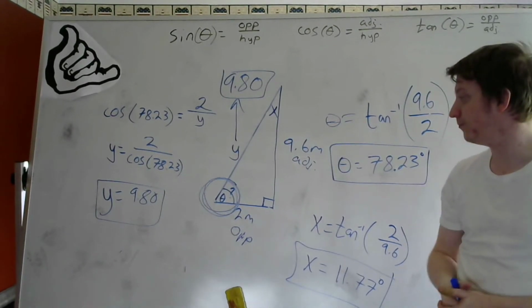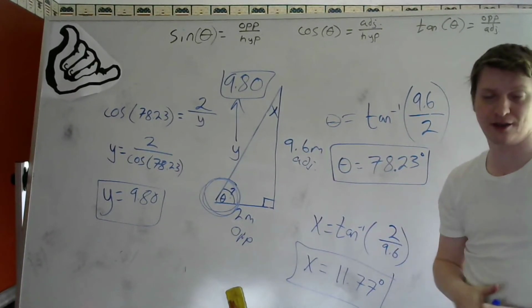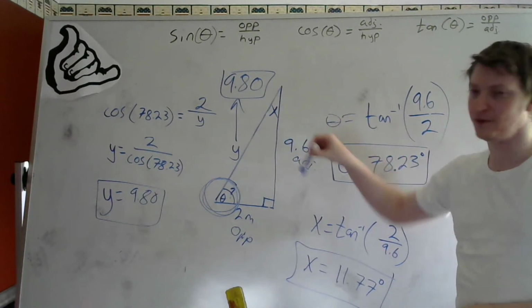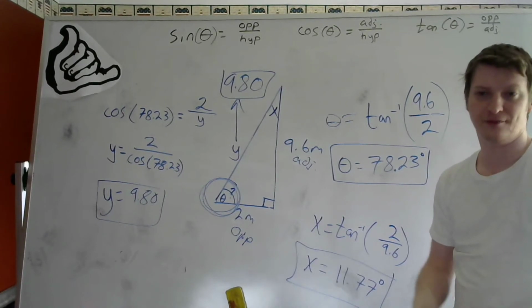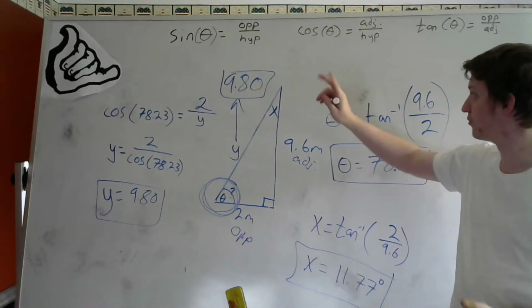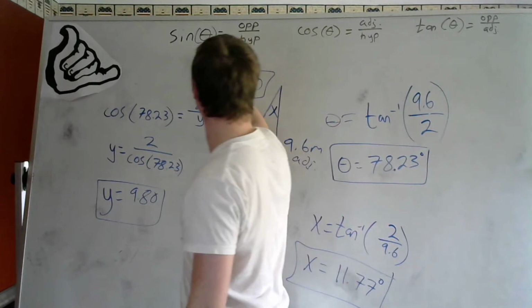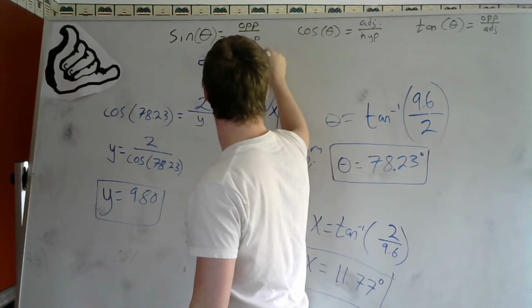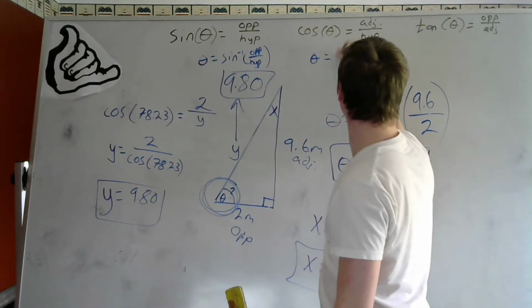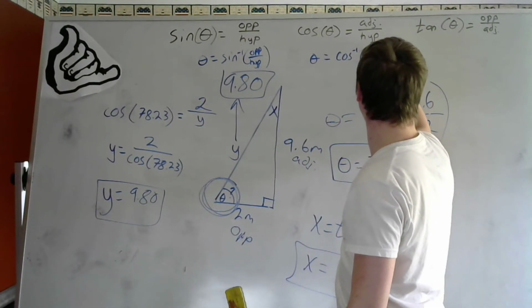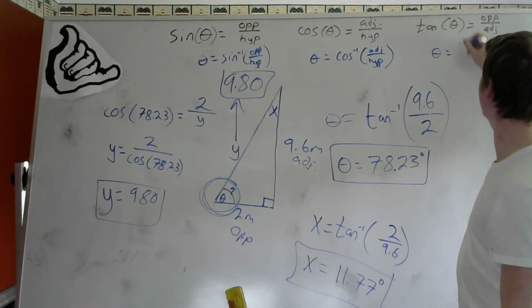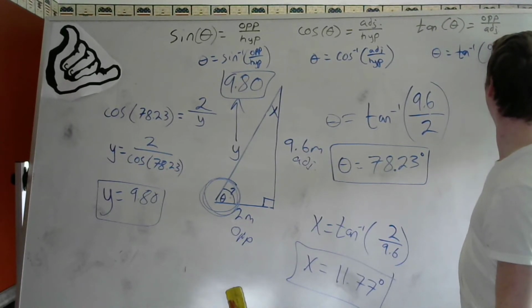So, we can take any two pieces of a triangle that I give you, as long as it's a right triangle, and we could solve for every single other piece of it using a combination of trig functions or inverse trig functions. Those would be your theta equals sine inverse, opposite over hypotenuse, theta equals cosine inverse of adjacent over hypotenuse, or theta equals tangent inverse of opposite over adjacent.